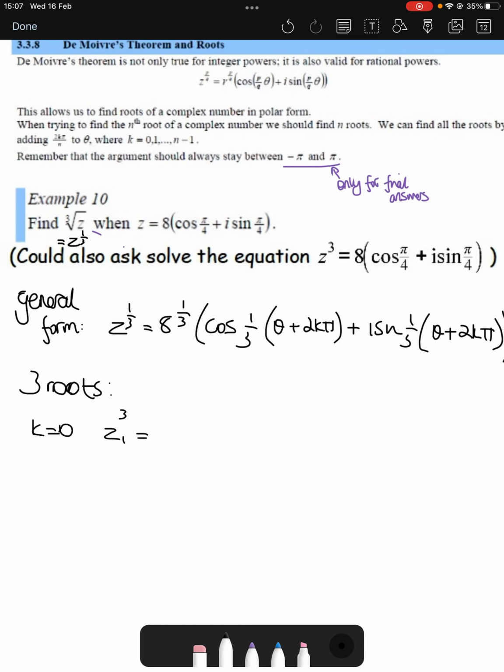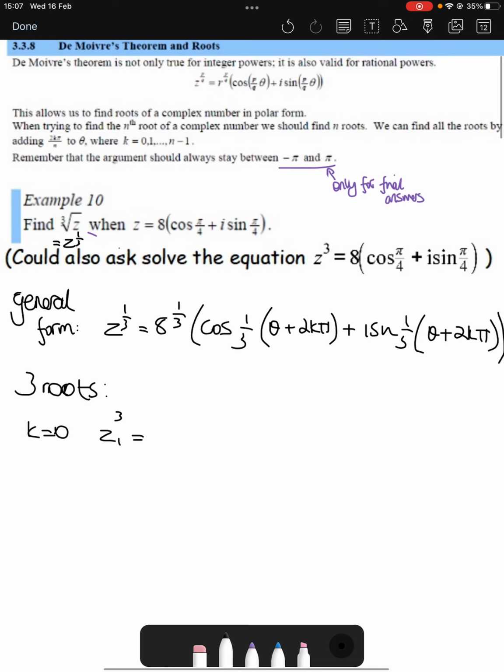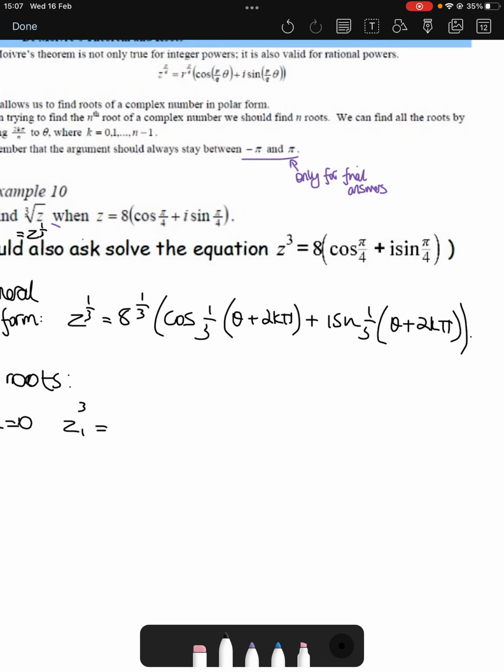So think of it as being like the previous one. If it's the first root, it's when k is 0. Second root, k is 1, and so on. So 8 to the power of a third is 2. What we've got is cos of a third. Theta in this question is pi over 4, plus k is 0.